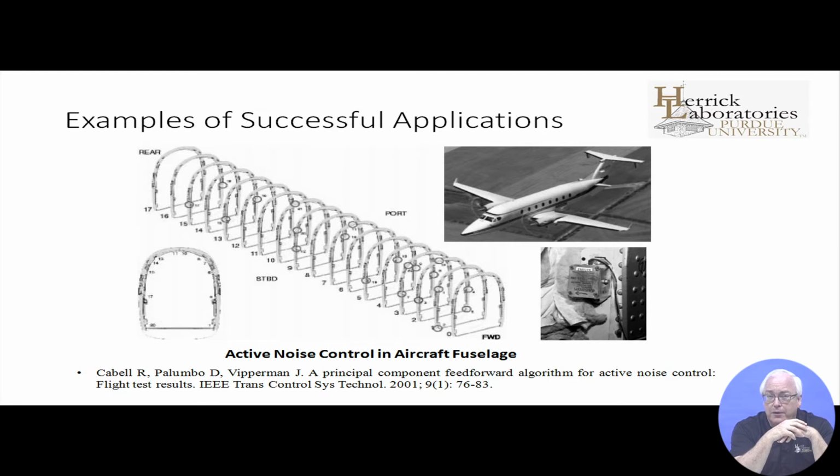Their aircraft, the Saab 340B, is generally delivered with an active noise control system that is focused on reducing the blade passage tone from the propellers.